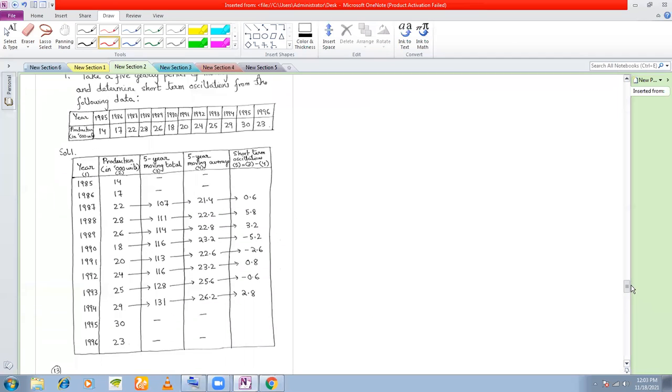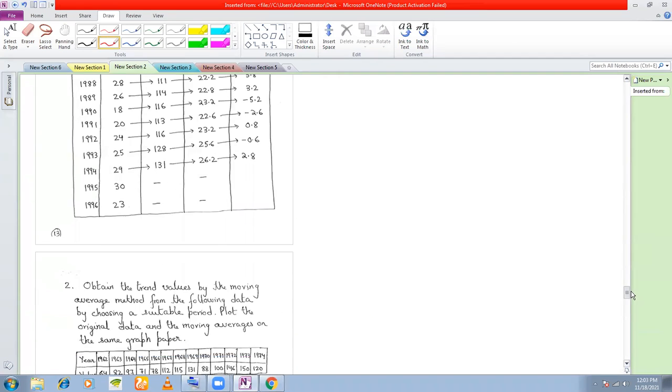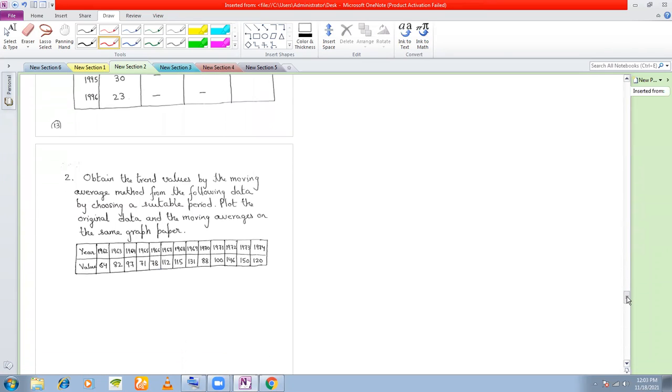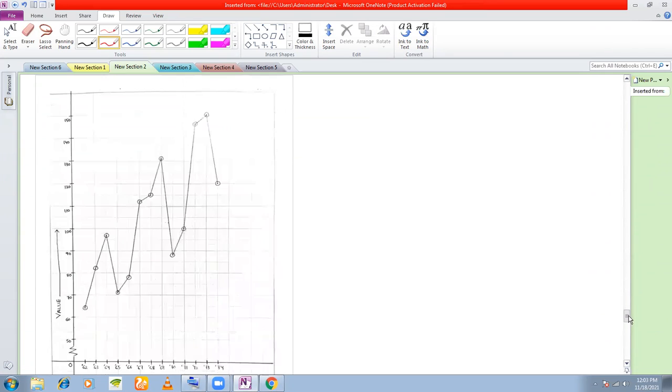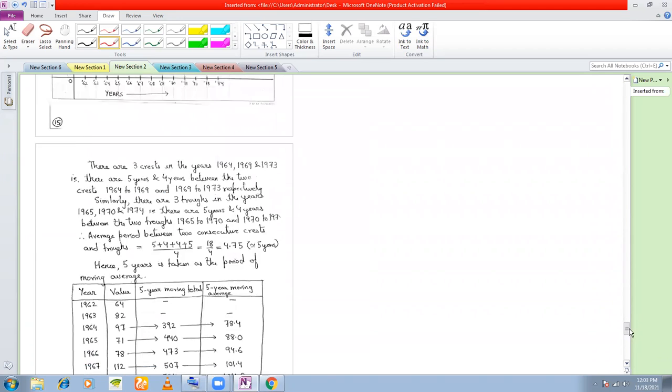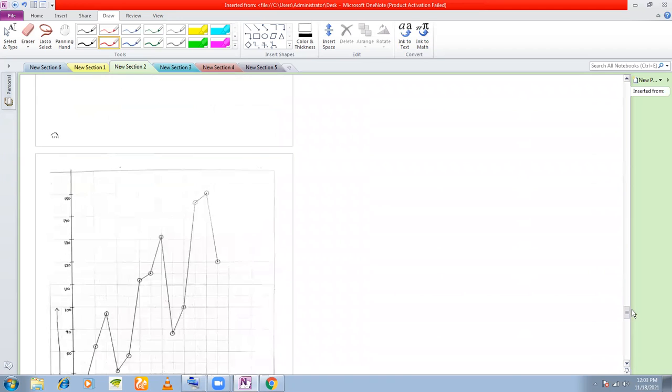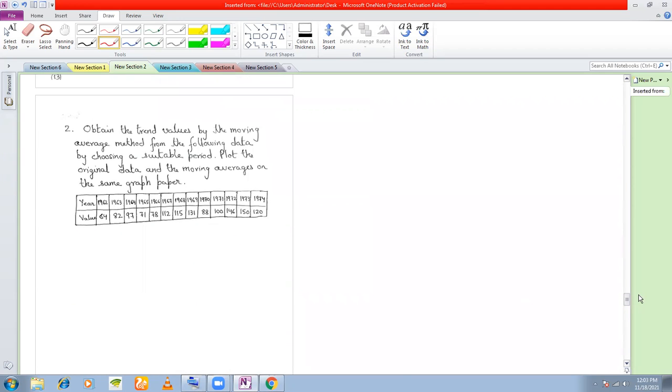What we are going to discuss here is one more problem, when the moving average period is not given, how many years you have to take for the moving average. Let us see here. Obtain the trend values by moving average method from the following data by choosing a suitable period, which means that the period is not given, whether 3-year, 4-year, or 5-year moving average.